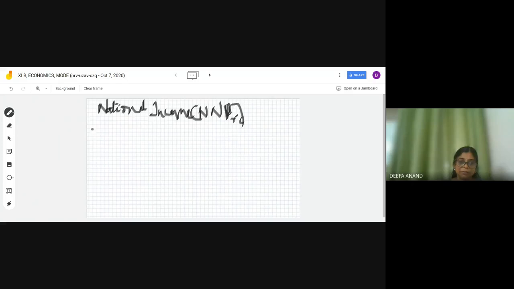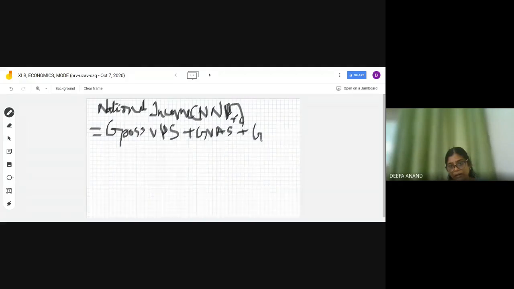Then write the formula: is equal to gross value added at primary sector, plus gross value added by secondary sector, plus gross value added at tertiary sector.